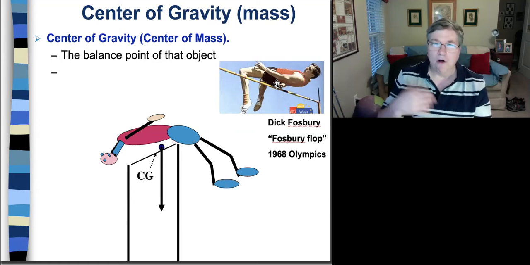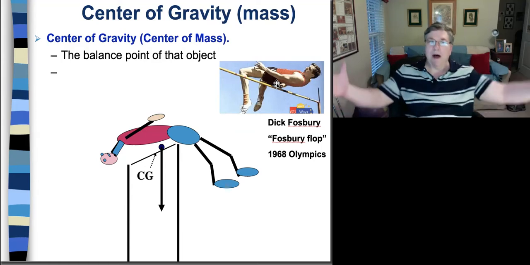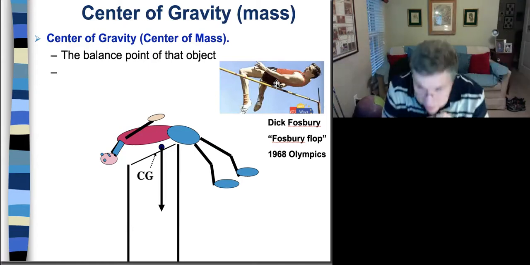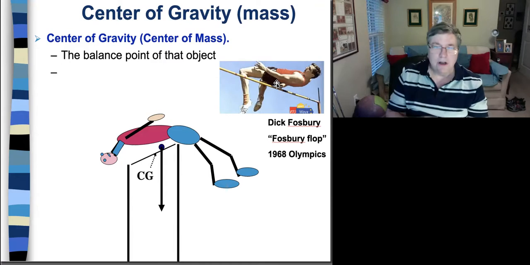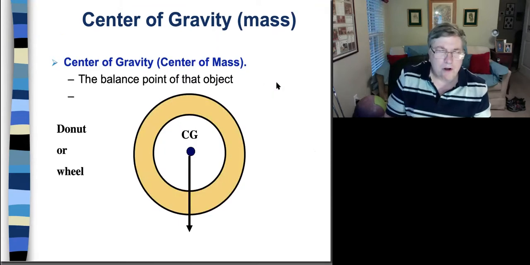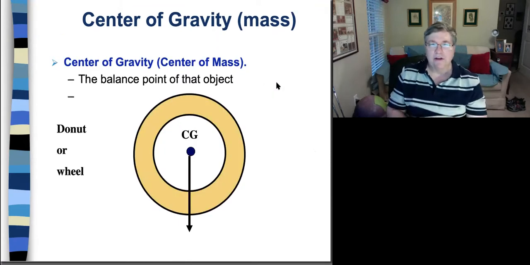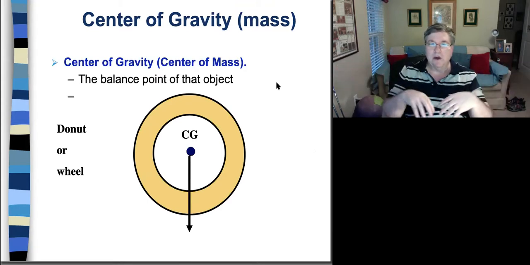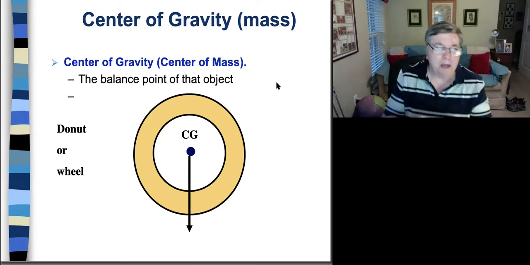So we can alter the center of gravity in our body by raising, moving the arms, moving the legs, changing its position. We can also think about the fact that center of gravity is not just along one axis. It can be along multiple axes and multiple planes.